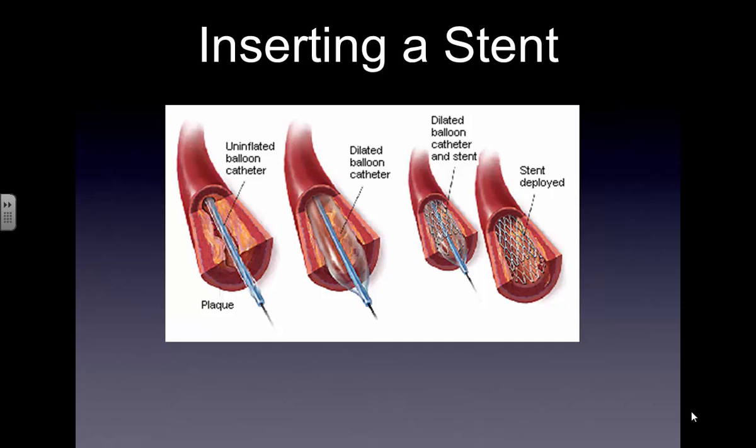It kind of reinforces the artery so that it's not going to close down again. Usually these stents have medicine on them that is slowly released that prevents any plaques from building up on them. So it's one way of allowing the blood vessels to stay open for an even longer period of time. So that's inserting a stent.